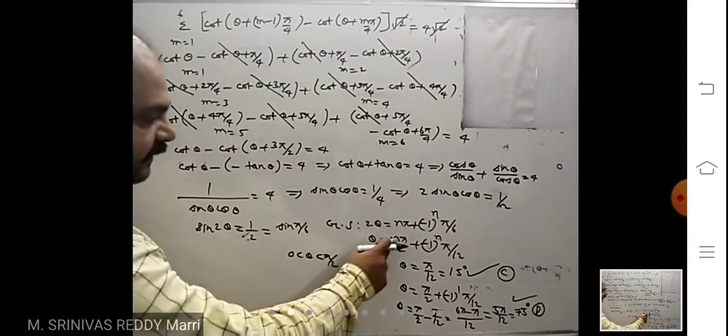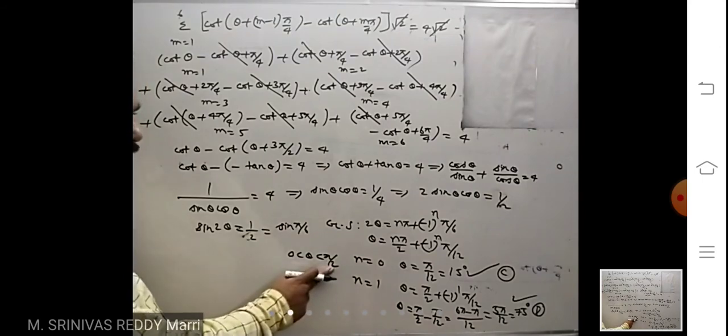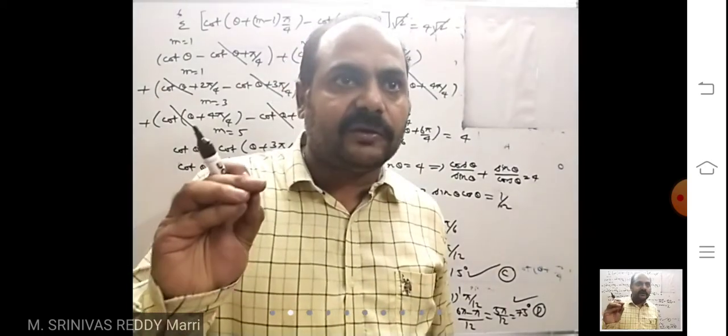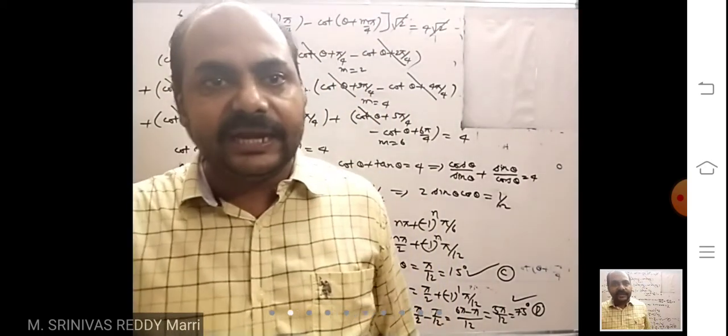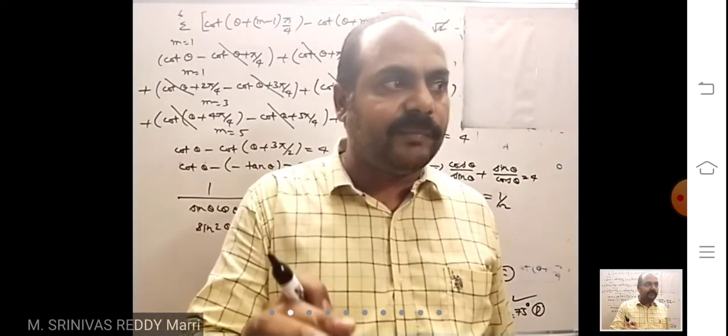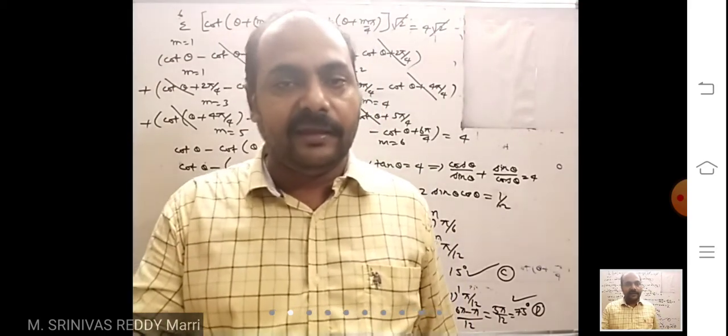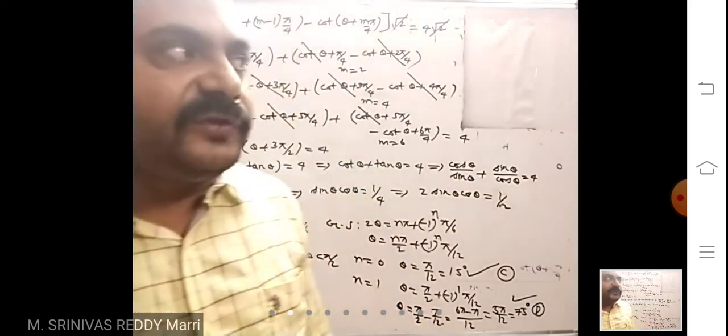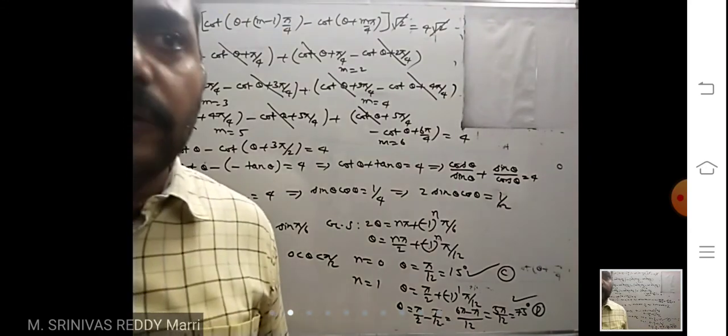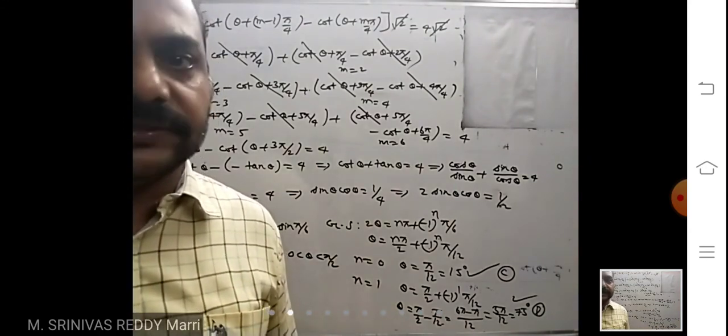Next you won't get. If you substitute n equal to 2, what will you get? Pi plus pi by 12, that is 180 plus 15. It will exceed 0 to pi by 2. So the main thing is, whenever cosecant A into cosecant B is there, you remember the formula cot B minus cot A divided by sine of A minus B, right? Then sigma, m equal to 1 and so on till the last.